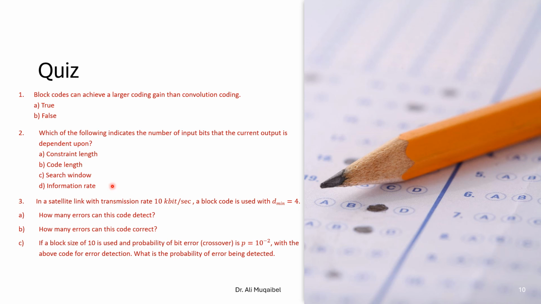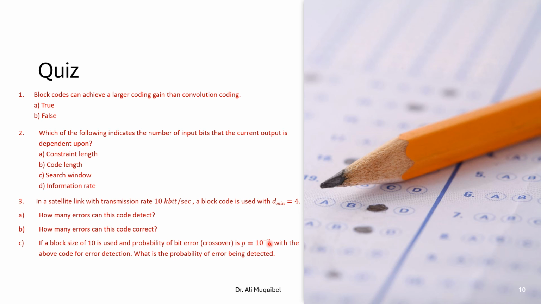The third question is related to calculation. In a satellite link with transmission rate of 10 kilobits per second, a block code is used with dmin equal to 4. Now, how many errors can this code detect? How many errors can this code correct? And now, if a block size of 10 is used, with probability of bit error equal to 10 raised to the power minus 2, that's the crossover probability.